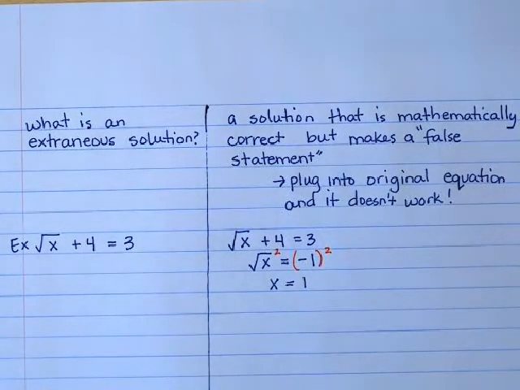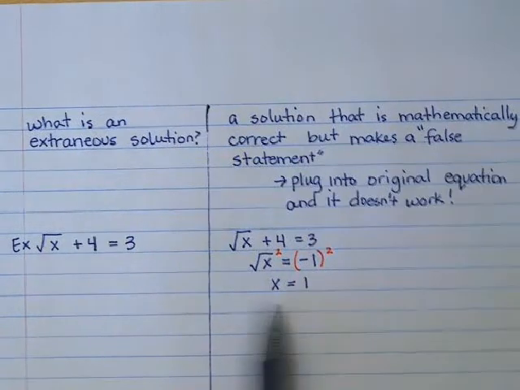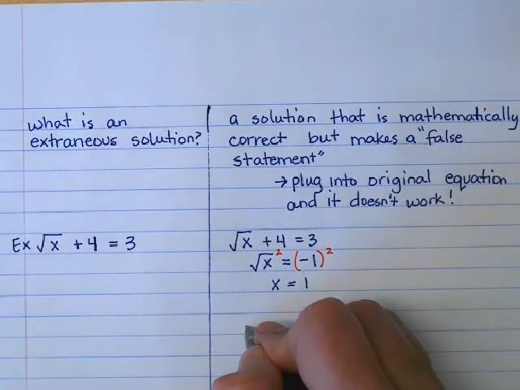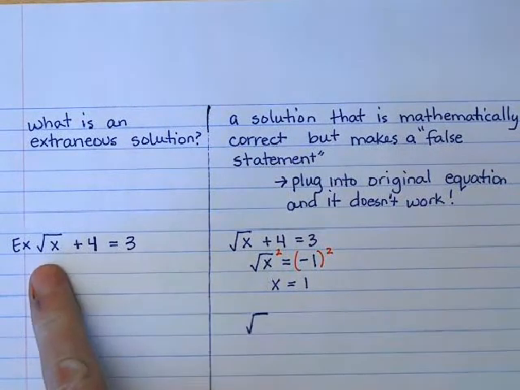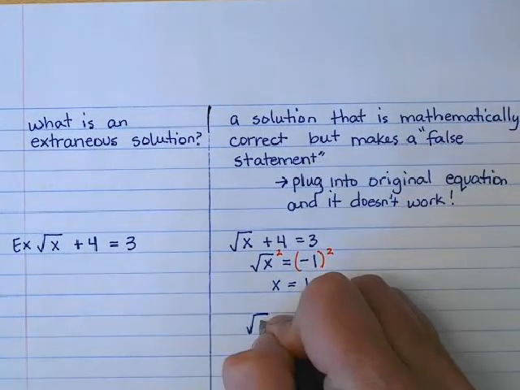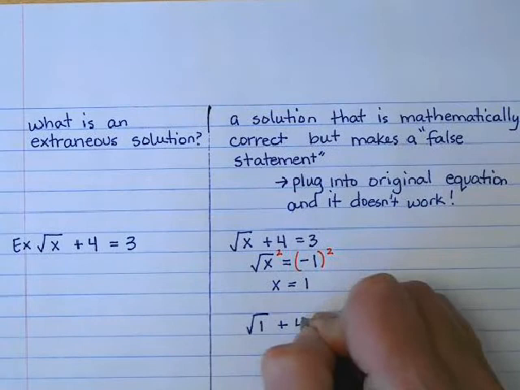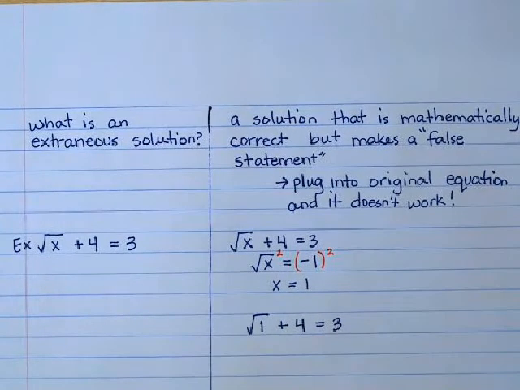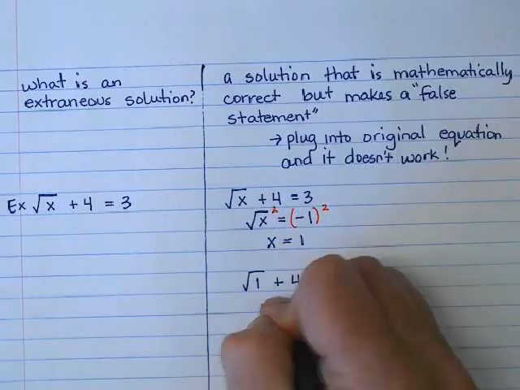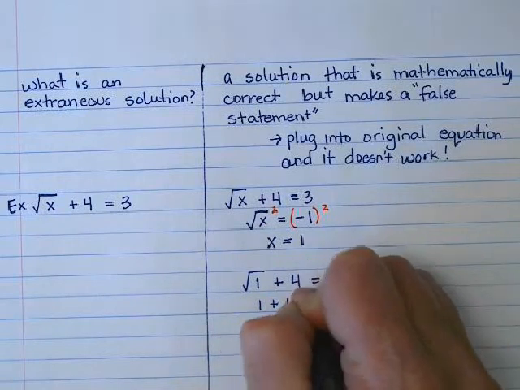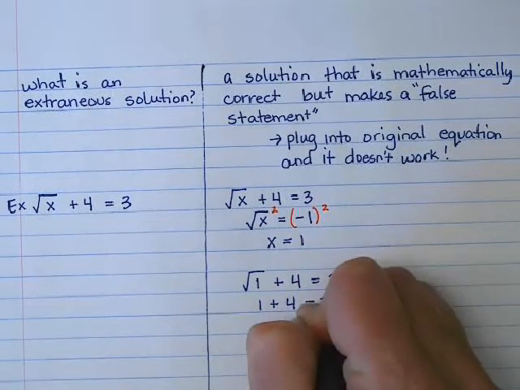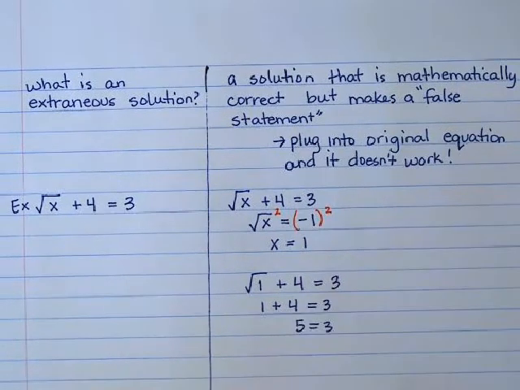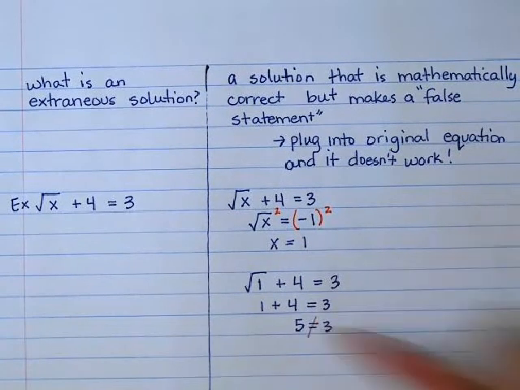Okay, we did not make any mathematical mistake there. That's perfect. Okay, now I'm going to plug it back in. So instead of x, the square root of 1 plus 4. The square root of 1 is 1. Okay, we can already see that this is not working.